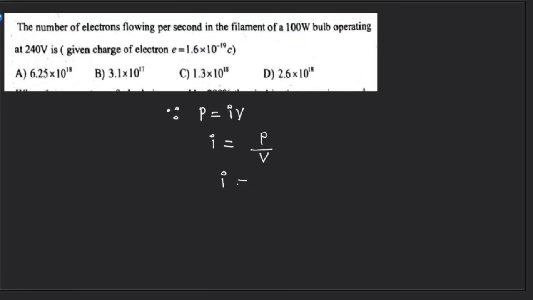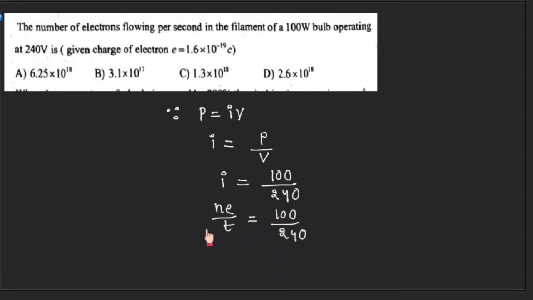So therefore this I is equal to, what is the power here, 100 by voltage is how much, 240, right? So P is equal to I into V, therefore I is equal to P by V, and this I can be written as Q by T, or I could also say that this can be written as NE by T. NE by T will be equal to 100 by 240, right?